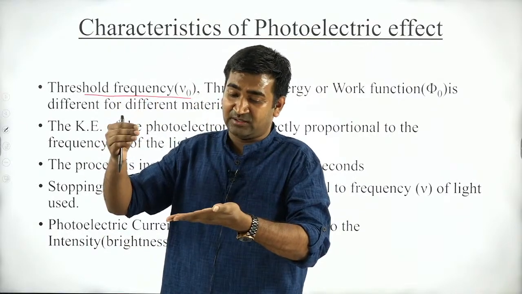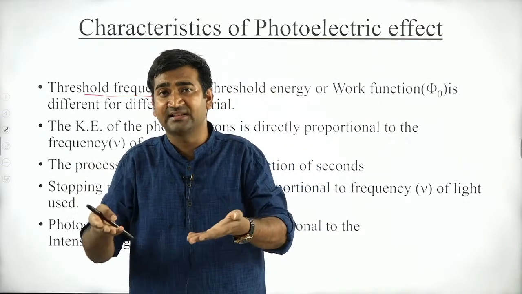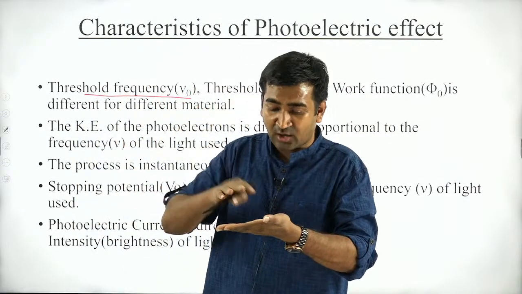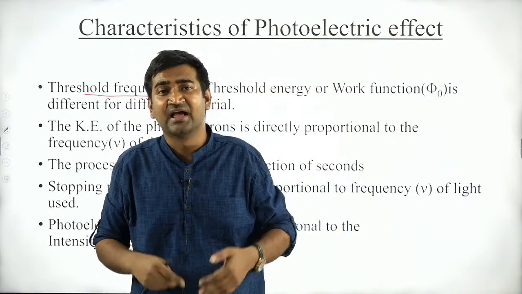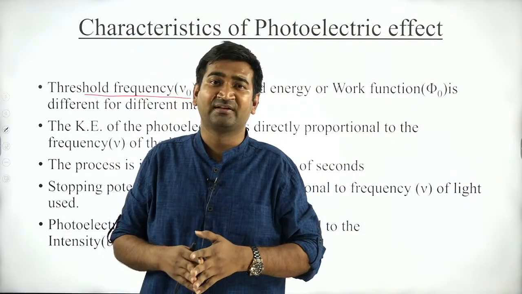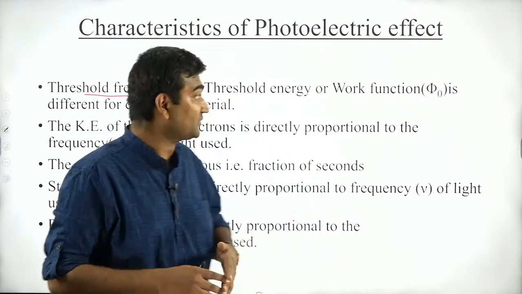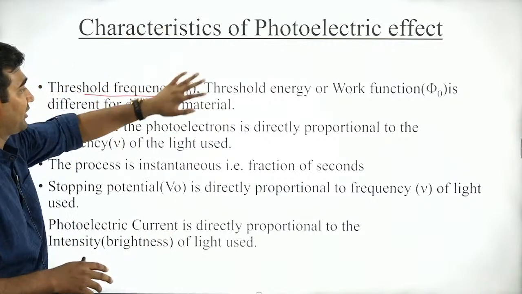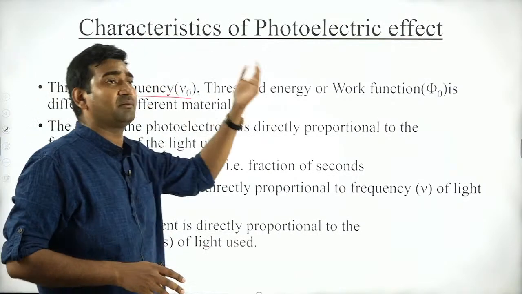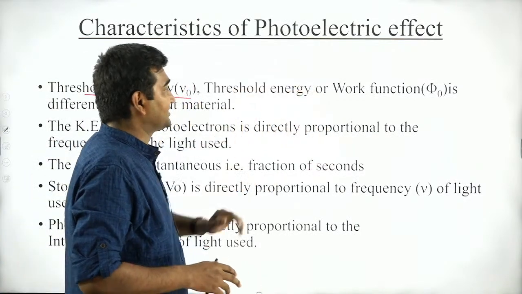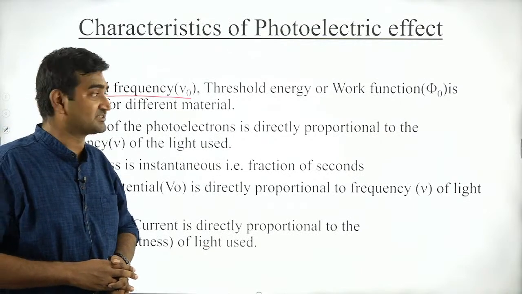If the incident frequency is more than the required frequency, then obviously the electrons will get out from the surface, following the photoelectric effect, and it will generate a photoelectric current. So this is the minimum requirement: minimum frequency is called threshold frequency, minimum energy is threshold energy, and the term work function is generally used for the material property.